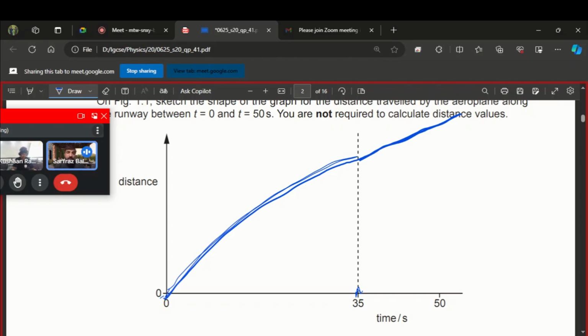If it were an acceleration graph then we would have a straight line, but it's not an acceleration graph, it's a distance time graph. So it will show velocity, and velocity is constant. That's why we draw it as a straight line. Why a straight line? Because the speed is constant.